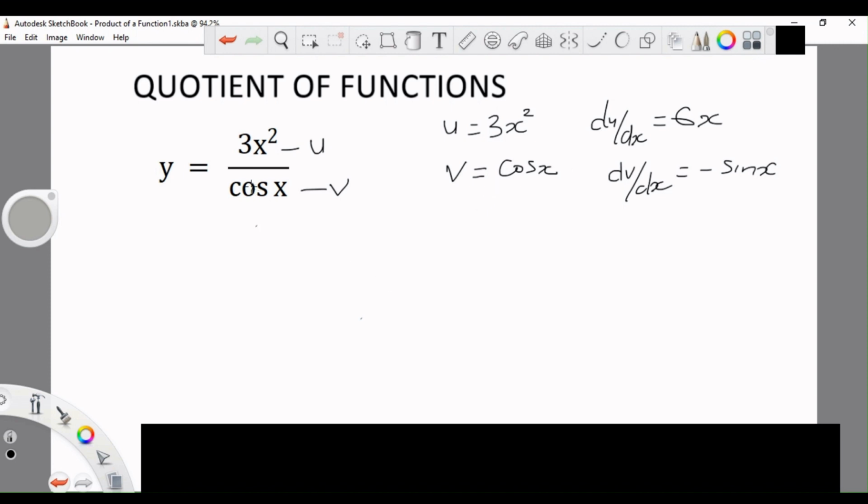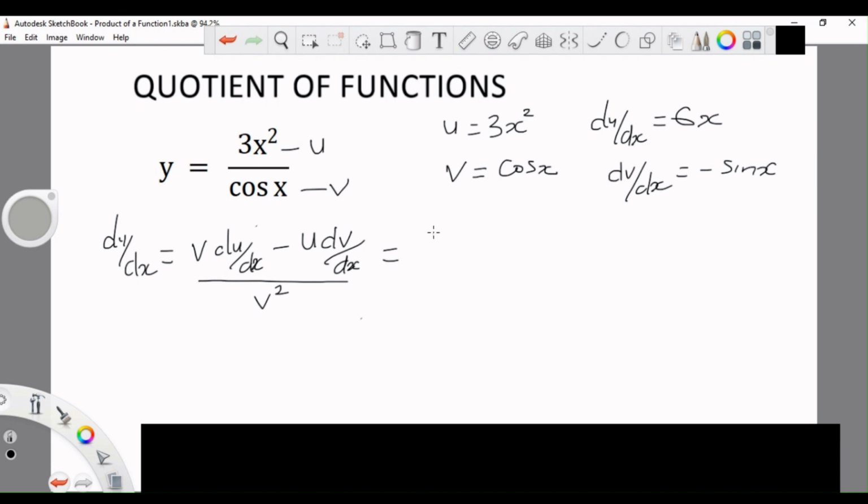So therefore, to differentiate this quotient, dy/dx is equal to, remember, v du/dx minus u dv/dx over v squared. So now we've gotten our v, our u, and we know our du and our dv. So let's put them into the formula.